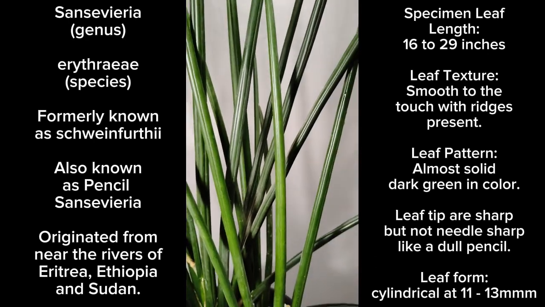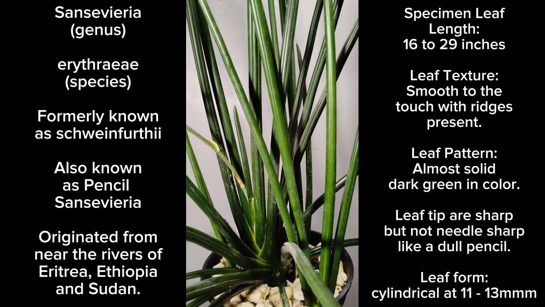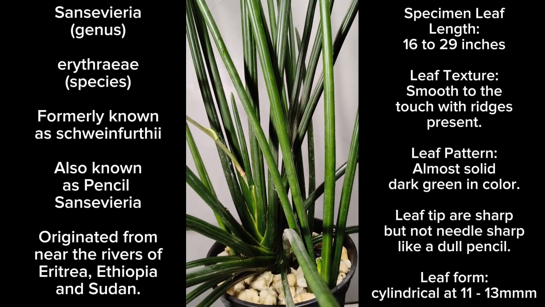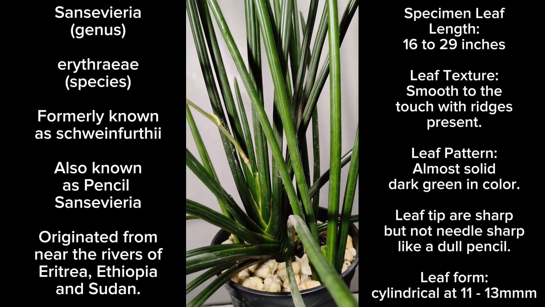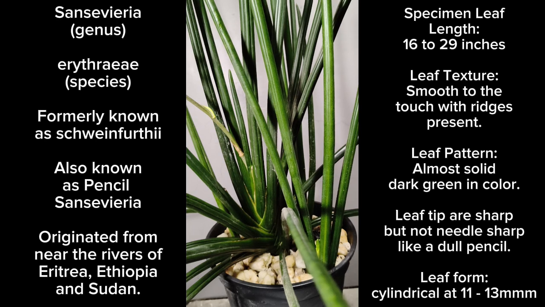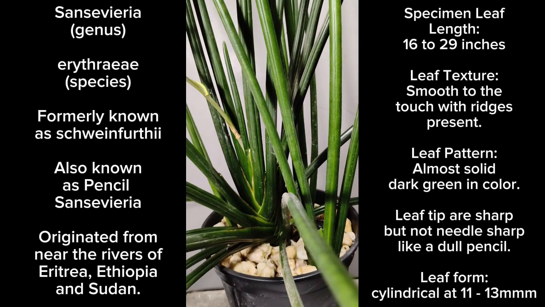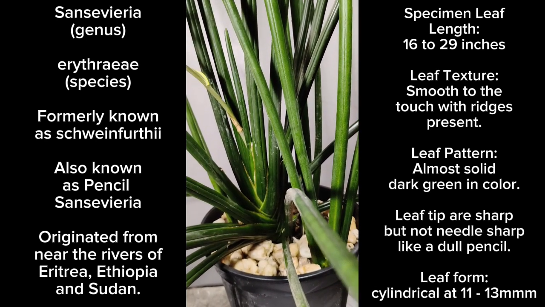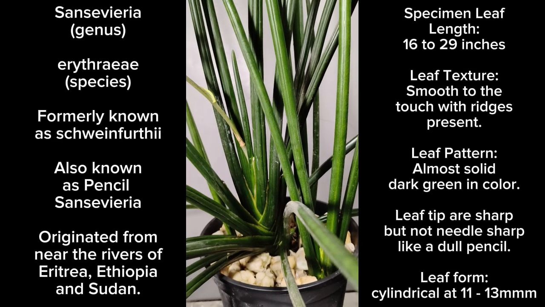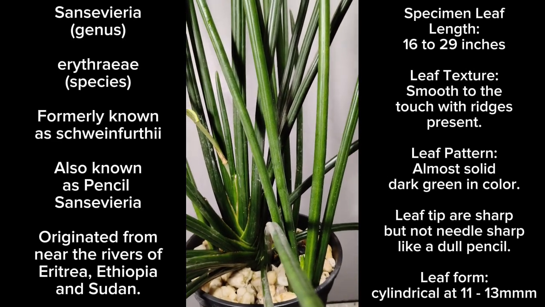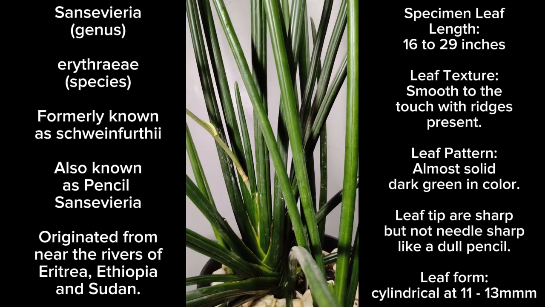So aside from that, we managed to describe the texture of the leaf. It's very important so we can compare it with other species, but that is not the only basis of knowing the species of Sansevieria.